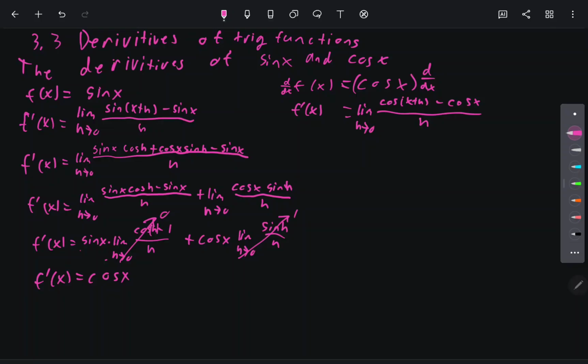So, we are once again going to use our formulas, more specifically our addition formulas for cosine. So, f prime of x is going to be equal to the limit as h approaches 0 of cosine of x times cosine of h minus sine of x times sine of h, all over h.